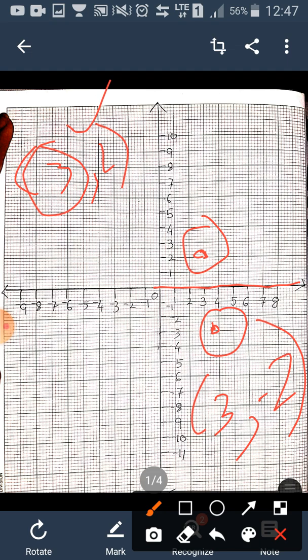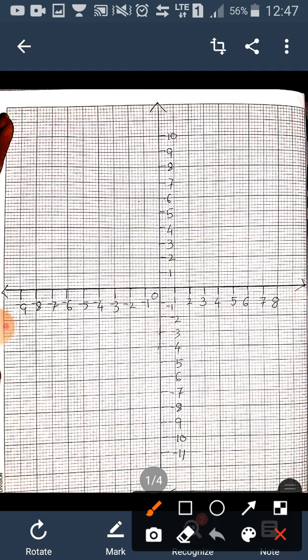Similarly, if the same point 3 comma 2 is reflected along the y-axis, then you will get the point over here.